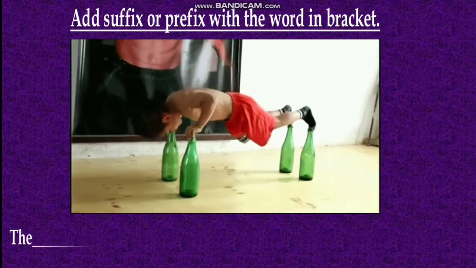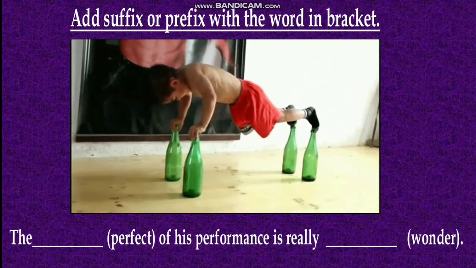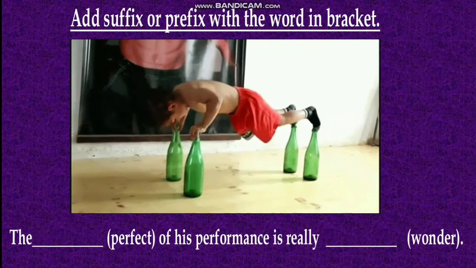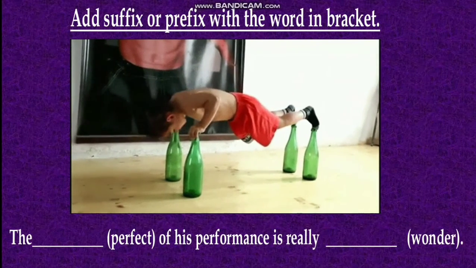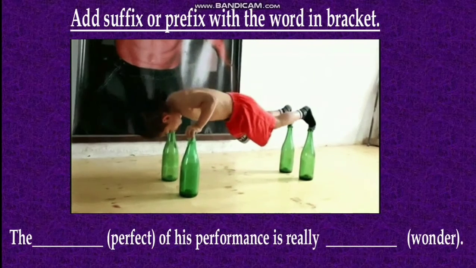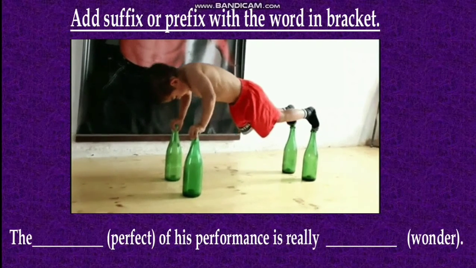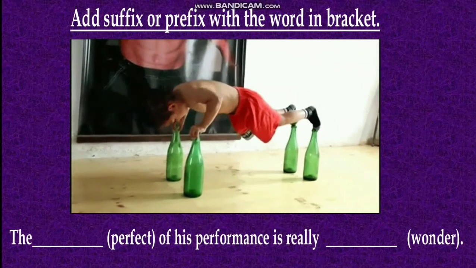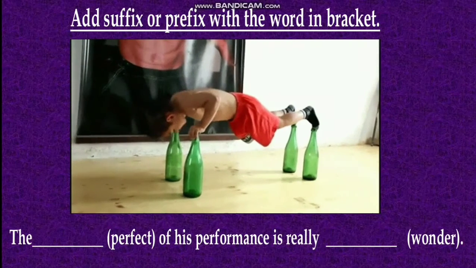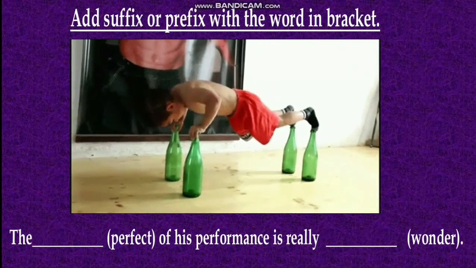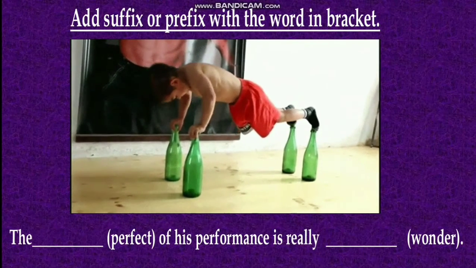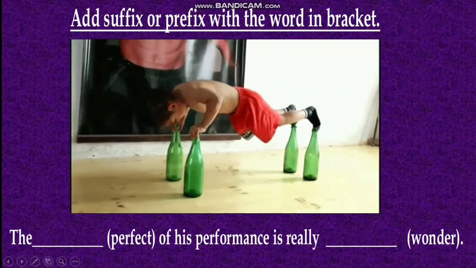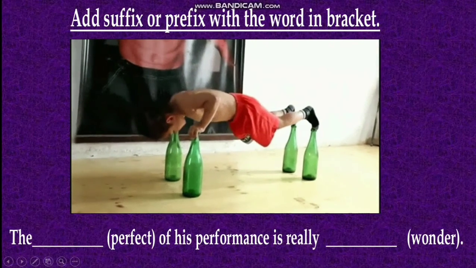What do you see in the picture? The perfect of his performance is really wonder. Actually, the sentence is grammatically incorrect. To correct it, we can add a suffix or prefix to the words in brackets. We know that after any article we must use the noun form of a word, but the word perfect is an adjective.